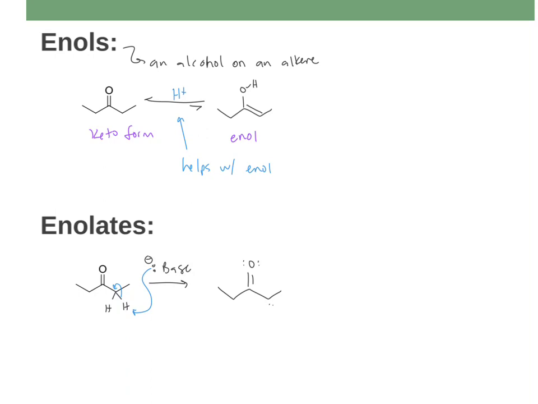So now I've got an anion here. And remember that we said these were so stable because they are delocalized through the carbonyl. So for this molecule, I need to draw two Lewis structures to best represent it. It's got resonance contributors. And this would be considered the enolate, because if you look at it, it looks kind of like an enol.